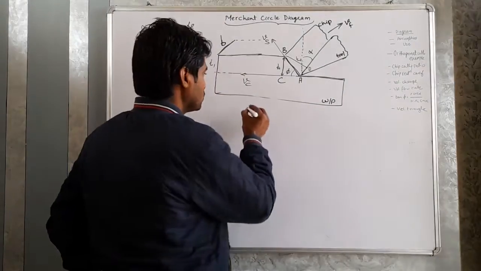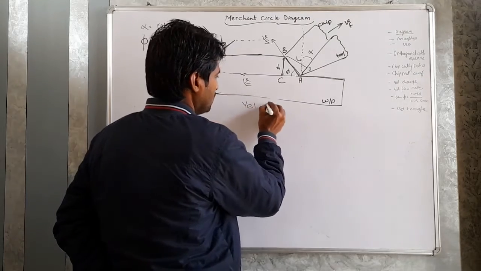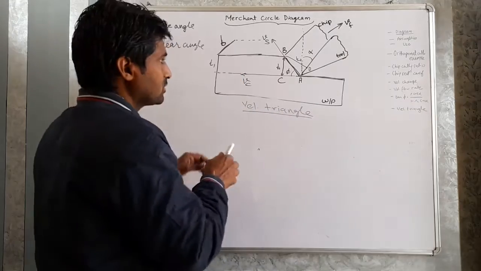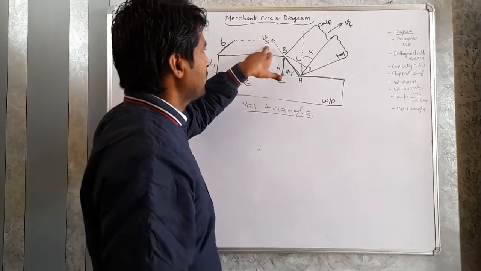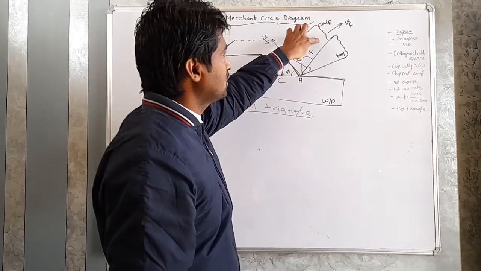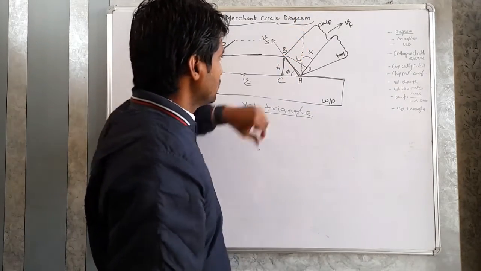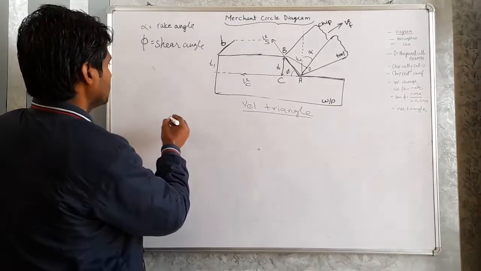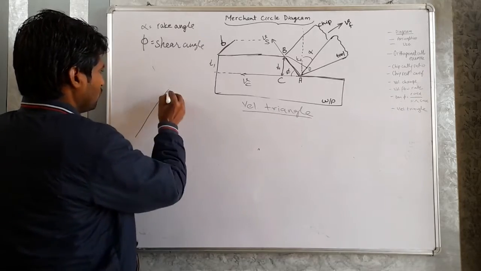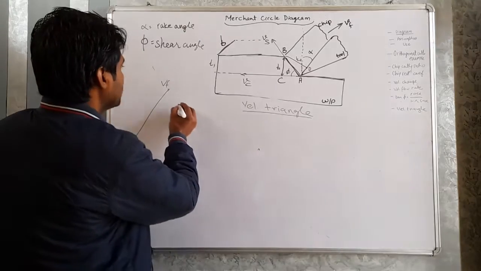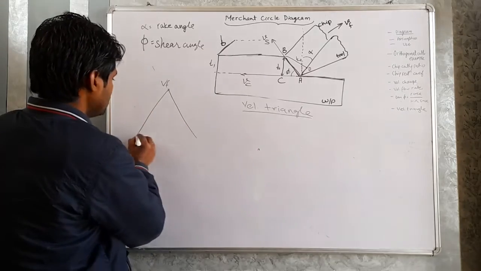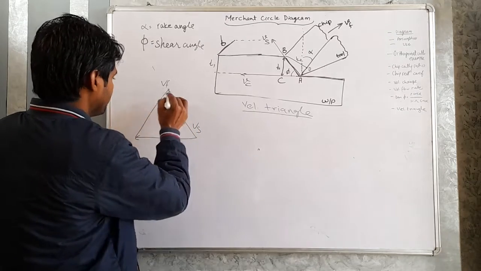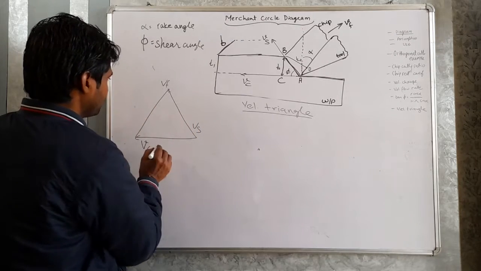Next part is the velocity triangle diagram. There are three velocities: cutting velocity, shear plane velocity, and chip velocity. Vs is the shear plane velocity, Vf is the chip velocity, and Vc is the cutting velocity. So we can draw a triangle like this: one side is Vf, one is Vs, and this is the cutting velocity Vc.